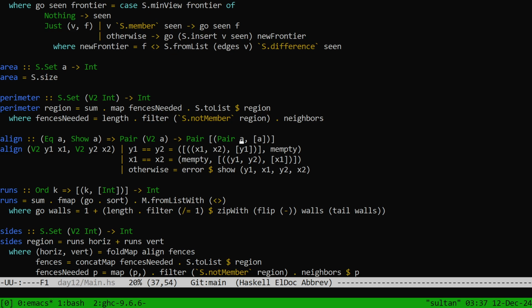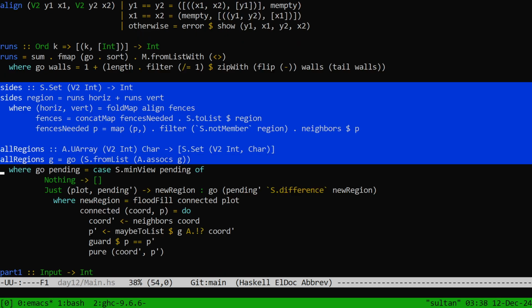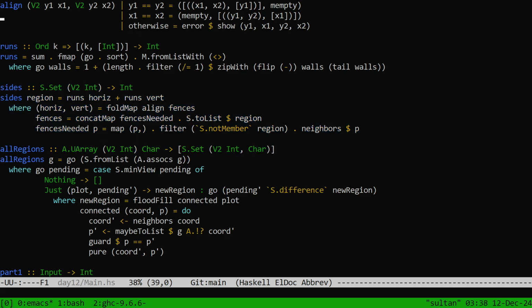I don't even know. Well, no, it takes a pair of V2 of A. Isn't that int? It definitely is. Okay, so I think the problem is when I changed align before, I hadn't changed sides yet. And sides was still calling align with a more general type. Okay.